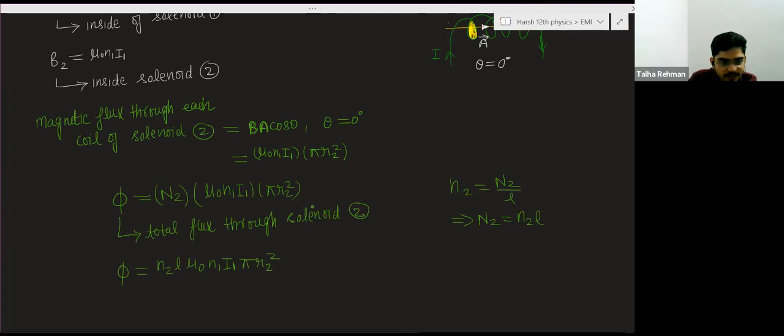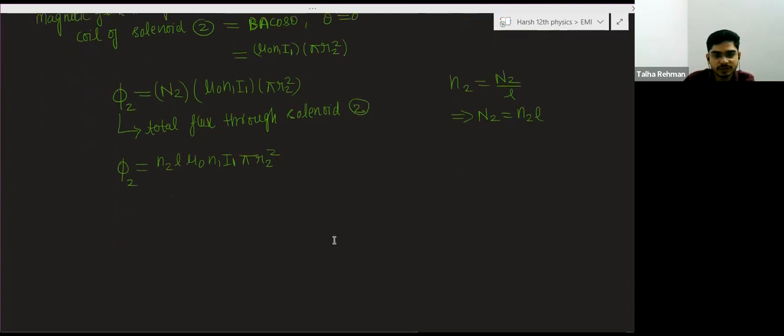This is the flux in coil 2, and there is a relation: flux in coil 2 is equal to M into current in coil 1. Suppose this is your equation number 1 and this is your equation number 2.